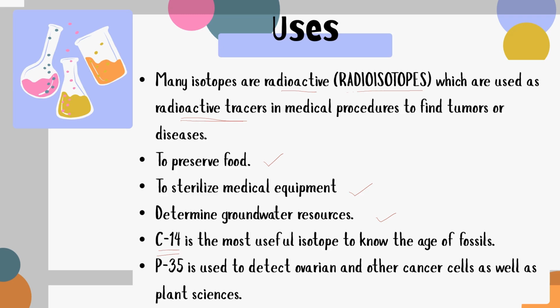Carbon-14 is the most useful isotope to calculate the age of fossils. Phosphorus-35 is used to detect ovarian or other cancer cells, and we can use it for plant sciences as well.